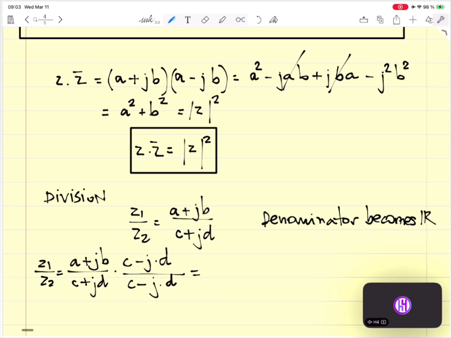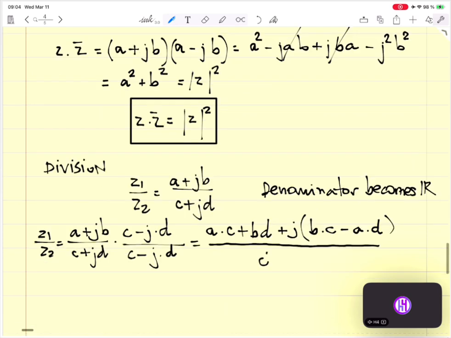So the whole thing becomes A times C plus B times D, plus J multiplying B times C minus A times D. And below, as we saw, we get C squared plus D squared.